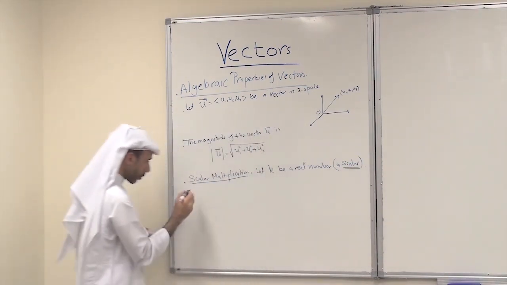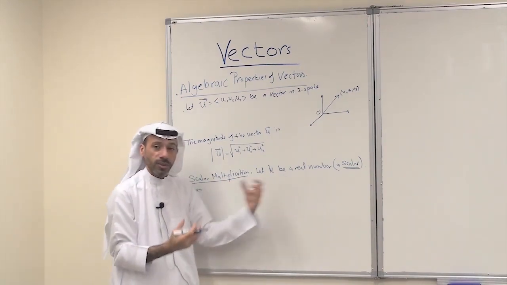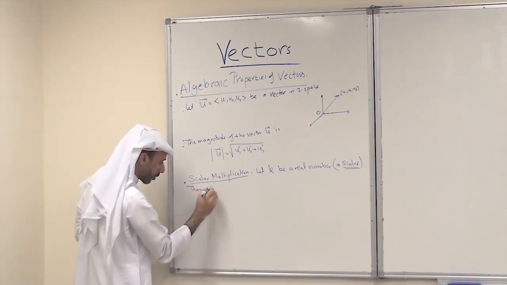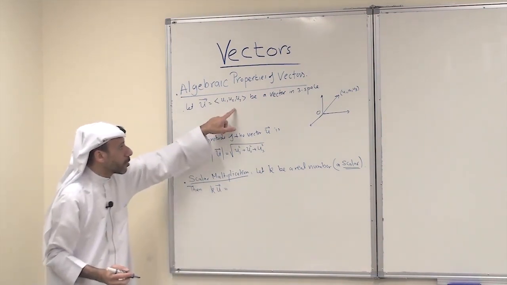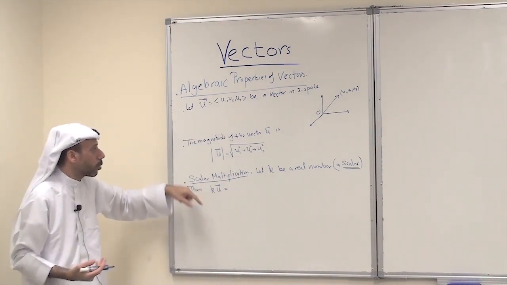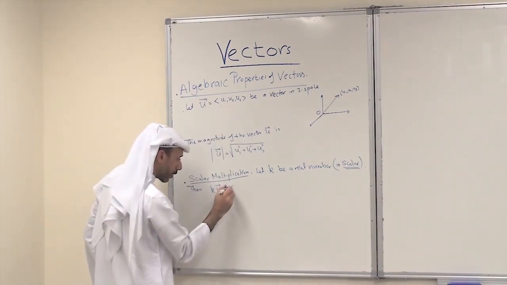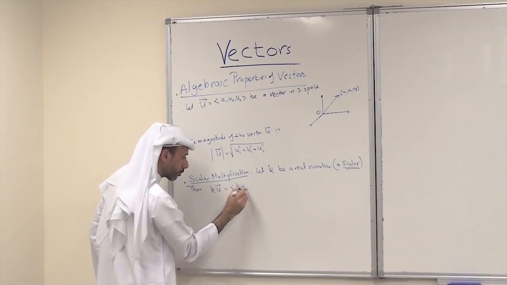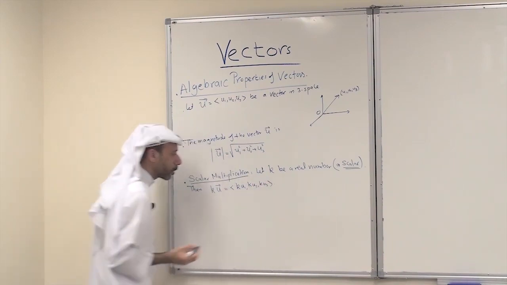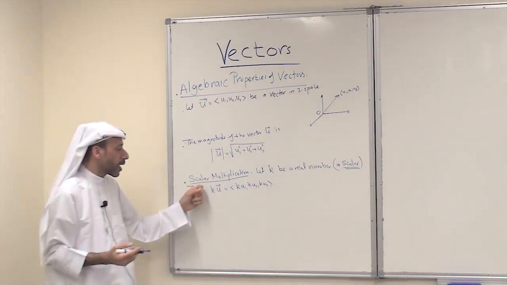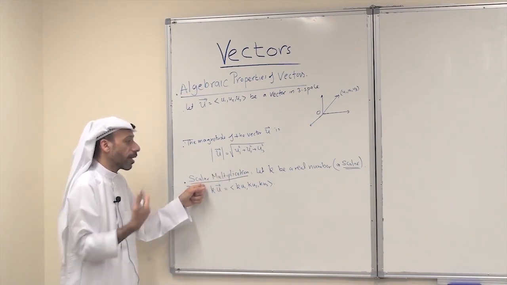Now how do we multiply a scalar with a vector? K times U. To multiply a real number by a vector, we just multiply each component of the vector. So this becomes, by definition, (K U1, K U2, K U3). This operation is called scalar multiplication, i.e. multiplying a vector by a scalar, by a real number.